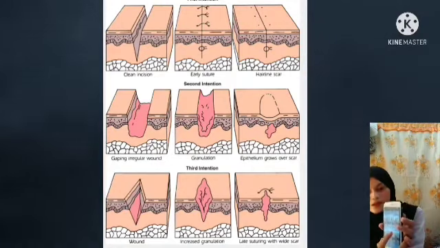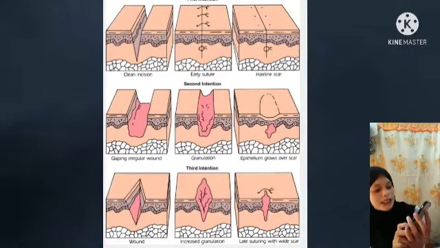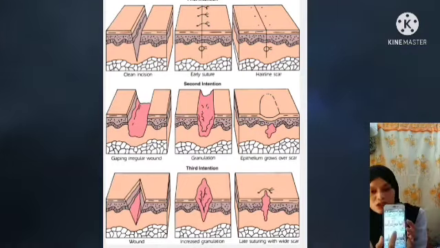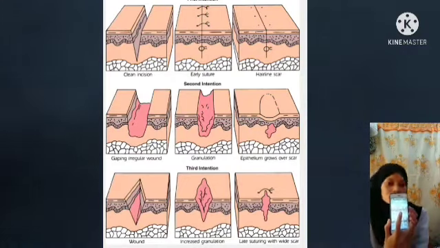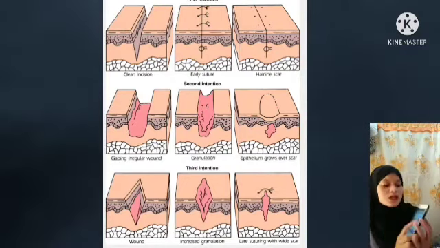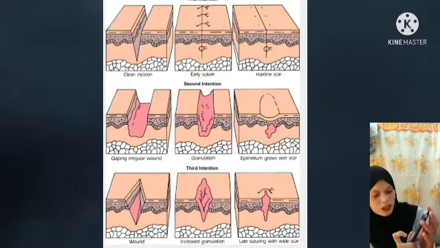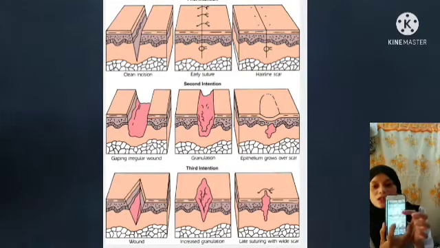Gaping irregular wound. Then there is granulation. This is what granulation looks like. And then the epithelium grows over the scar. This is how it looks.